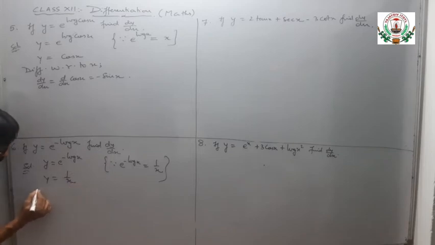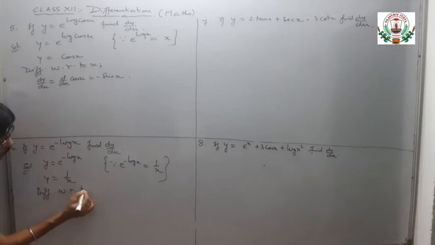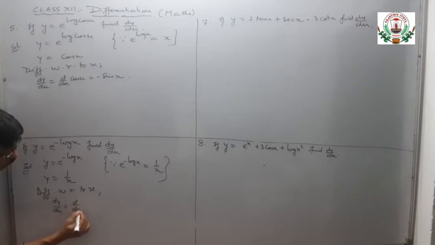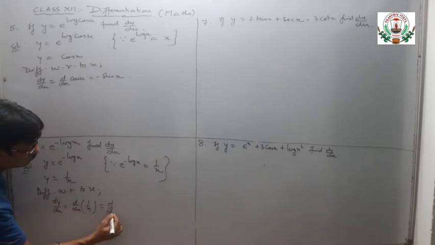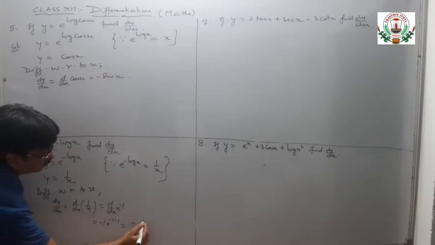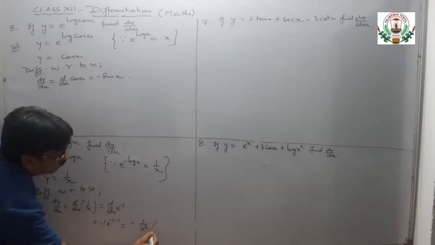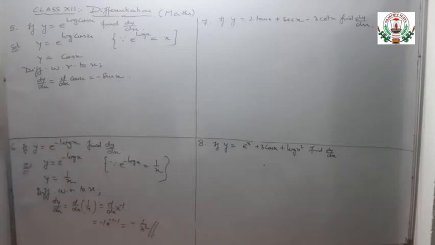Now differentiating with respect to x, we have dy by dx is equal to d by dx of 1 by x, which becomes d by dx of x to the power minus 1, which gives minus 1 upon x square as our answer.